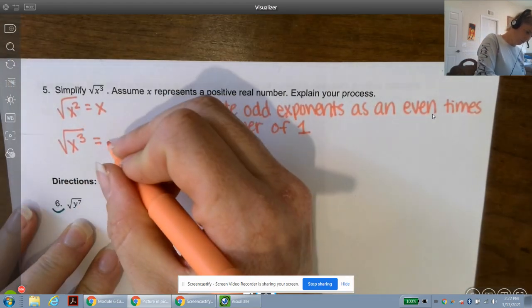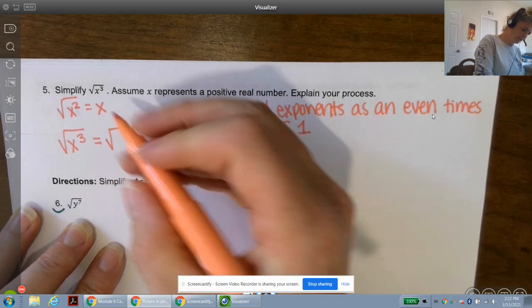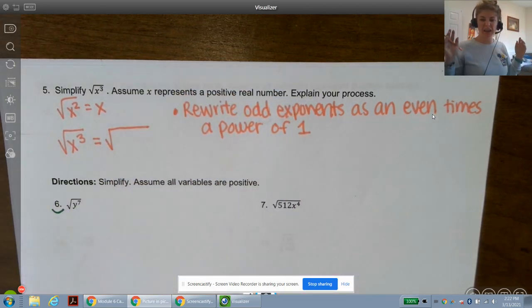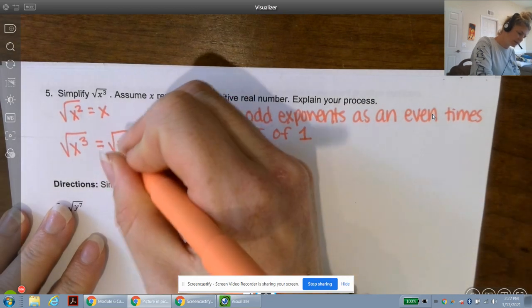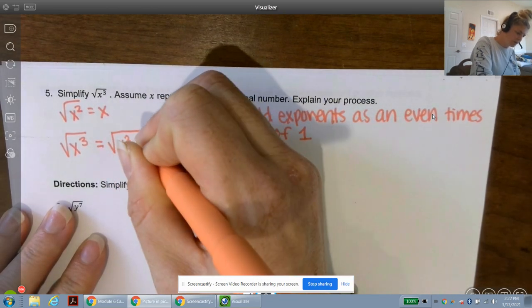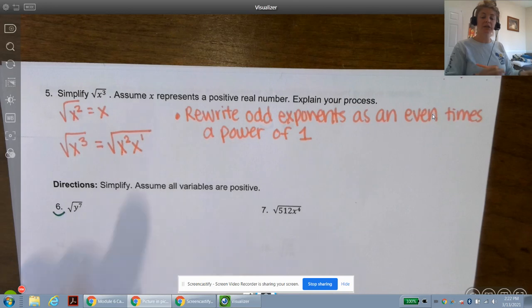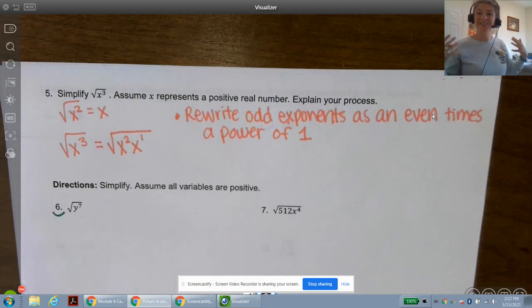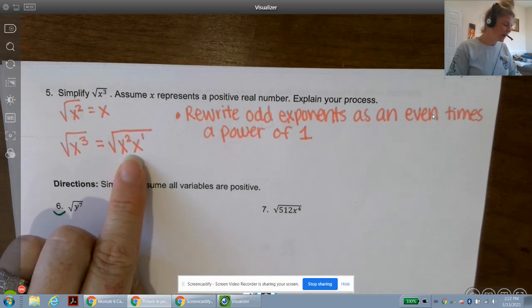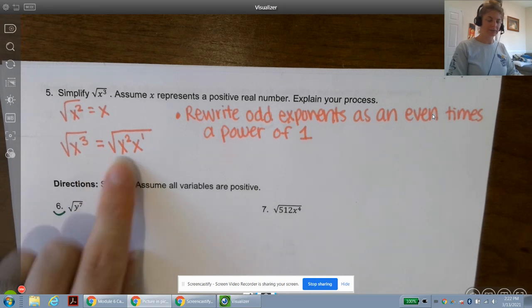So we're going to rewrite it with the biggest even exponent we can, which is x to the second. And we know that x to the second times x to the first, multiplying with the same base, you add your exponents. Oh my gosh, last module coming back at you, that these are equivalent expressions.